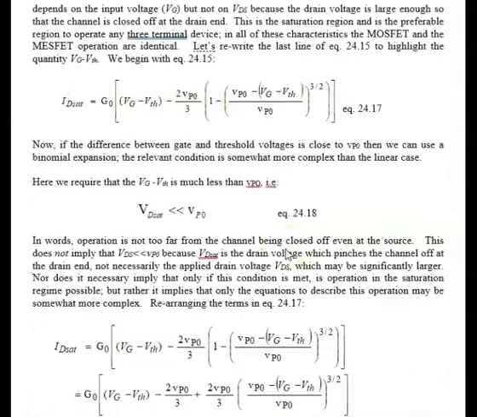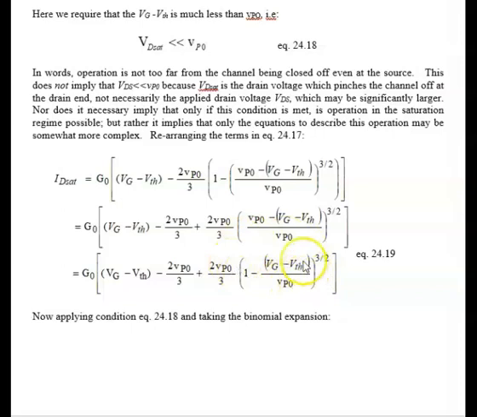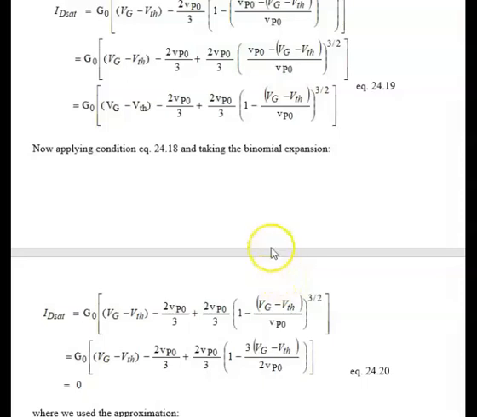And let's do that. Rewriting equation 2417, here we just break apart the parentheses. So it's 2 VPO divided by 3. That's this guy right here. And then we multiply this guy by, put it right here, and we just bring this down. And now we're going to use a binomial expansion right here. Let's see what happens when we do that.